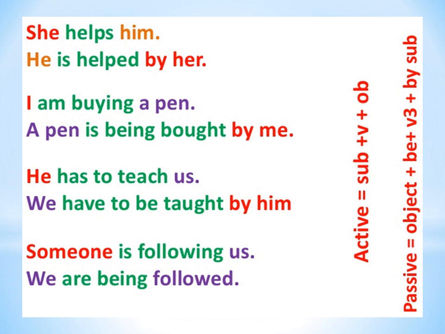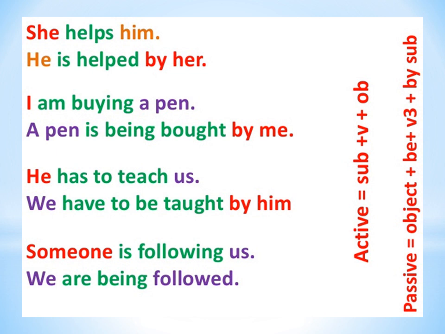Number two, I am going to choose the suitable verb to be, according to the tense of the sentence. Because the sentence is in the present simple tense, I'm going to use is. Why is, not are? Because the object is singular. Number three, I am going to change the verb into the participle, and at the end of the sentence I'm going to use by her. This is example number 1.